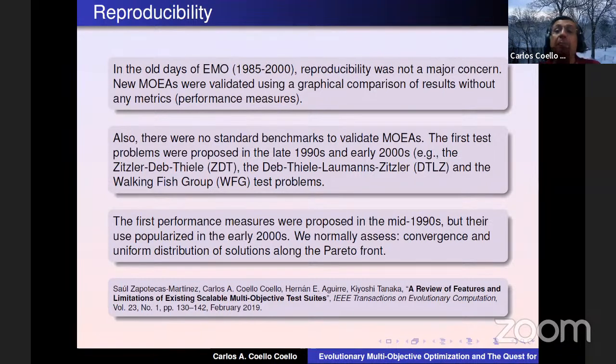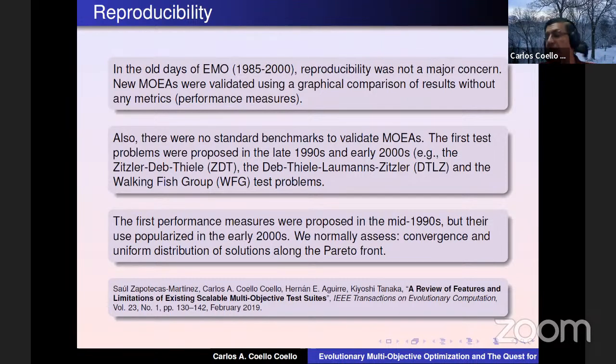But at that time, people were already using some performance measures. The first performance measures were proposed in the mid-90s. For example, in the original paper of NSGA from 94, there is a proposal of a performance measure. Fonseca also has one in 93. But performance measures start to become common in the late 90s, when people start to use them.